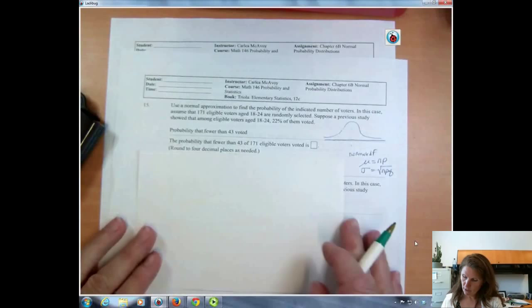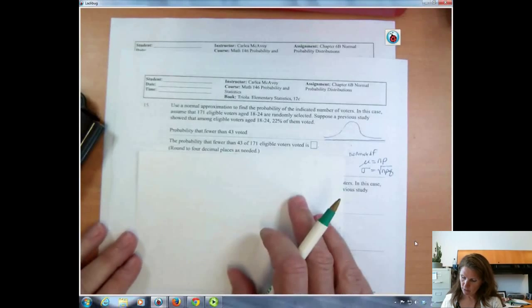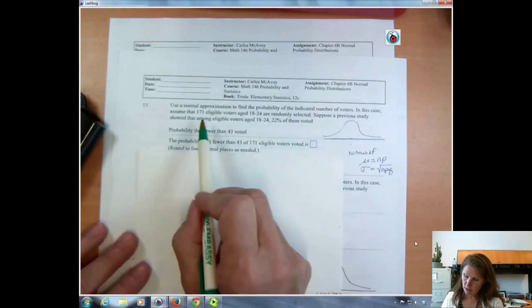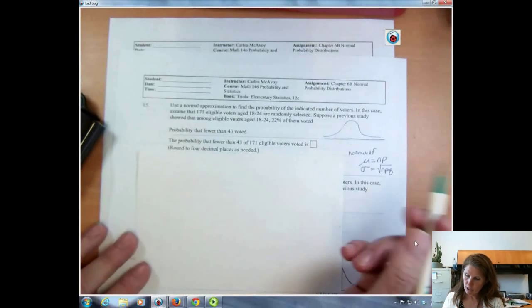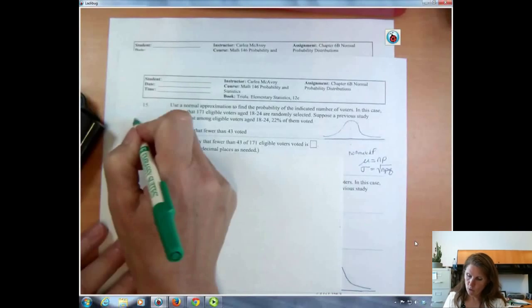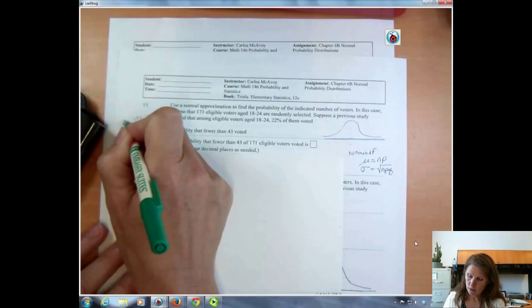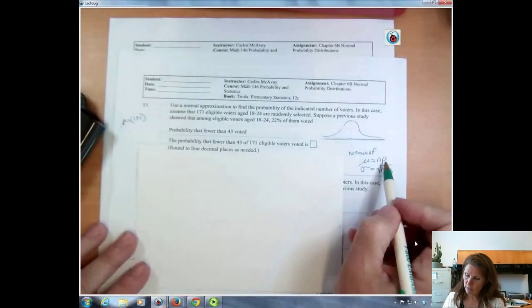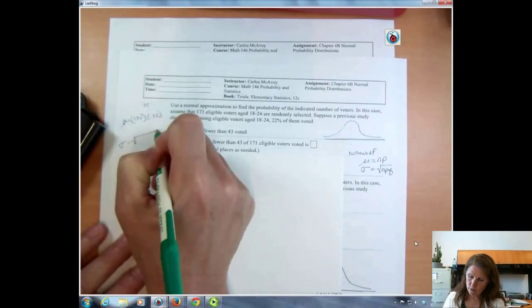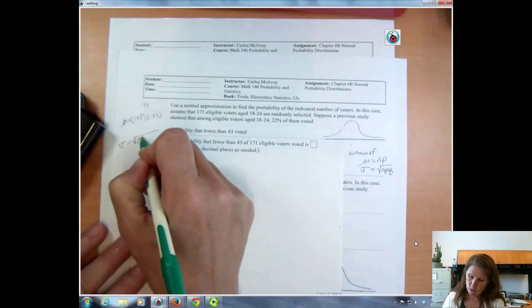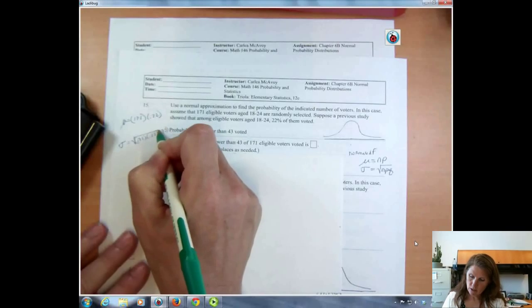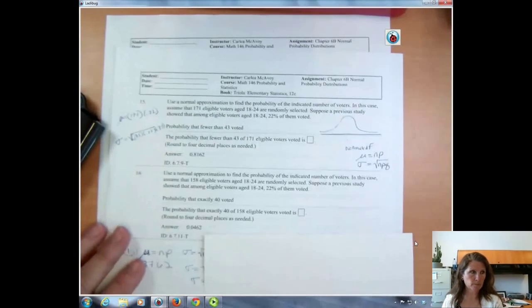Well, I will tell you what those two values are. What is our N? The N is the number of eligible voters. So we have N is 171, times the probability of 0.22, and for the standard deviation we have 171, 0.22, and 0.78, multiplying those together.